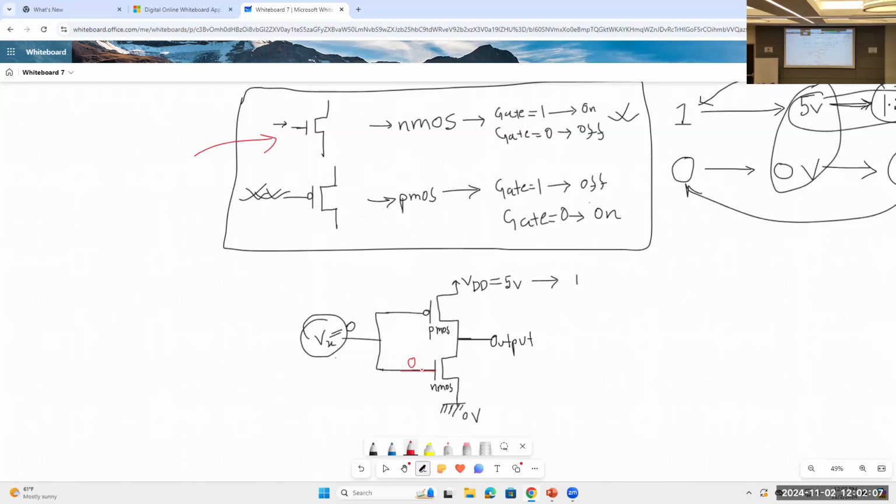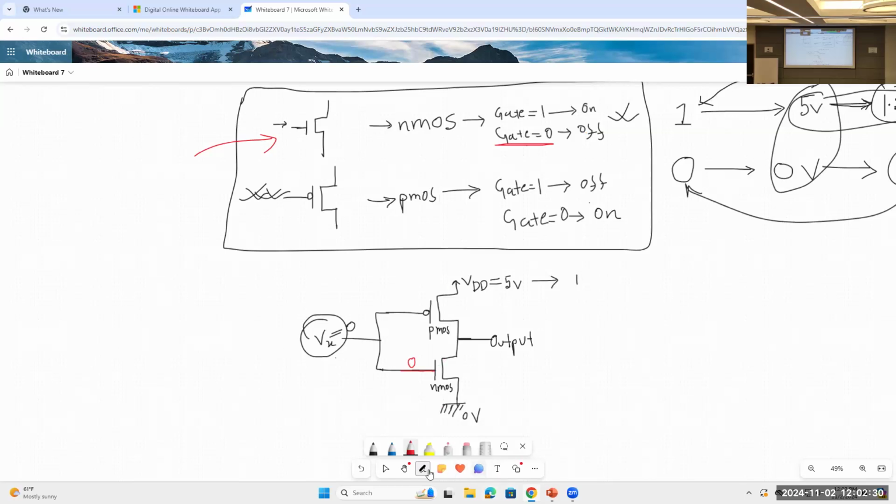If the gate of the MOSFET gets 0, then will the NMOS be turned on or off? On. Sorry, off. You're correct. As we have remembered, if gate gets 0, then the NMOS will be off.